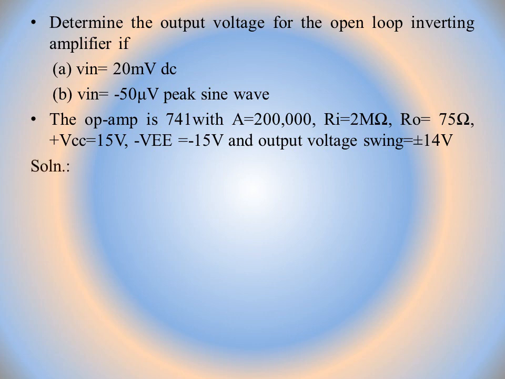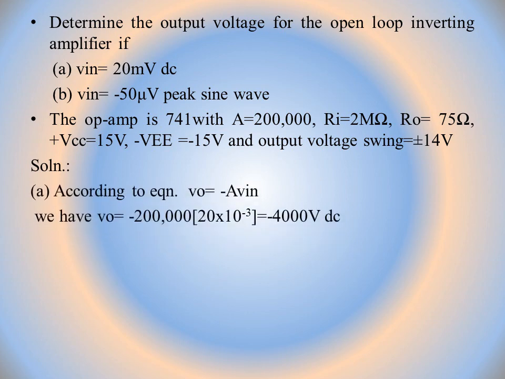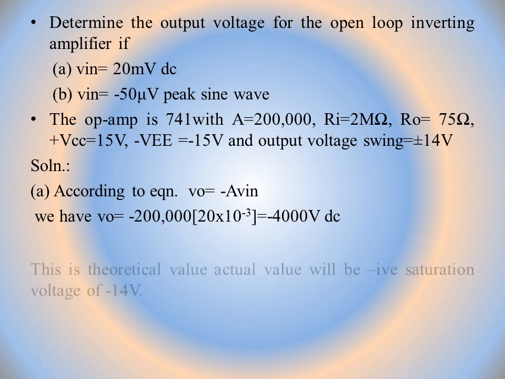Now we'll solve it. The first part is simple to solve in the same way as we solved the differential amplifier output voltage. Here only the equation will slightly change. According to the equation of the inverting amplifier, V naught equals minus A VIN. Putting the respective values, we obtain minus 4000 volt DC as output voltage.